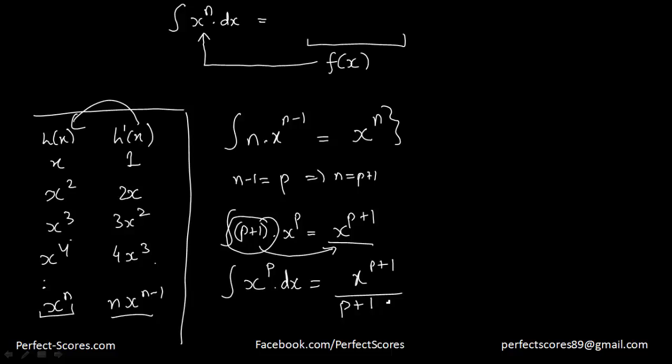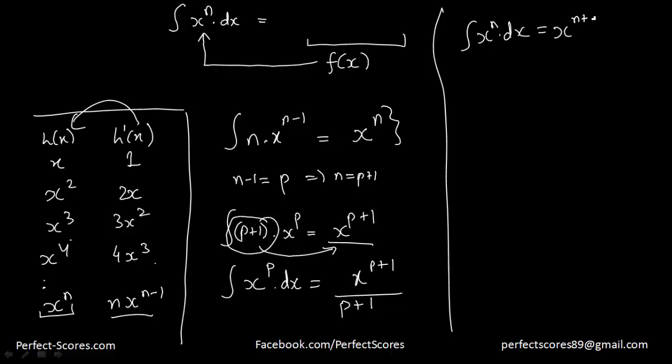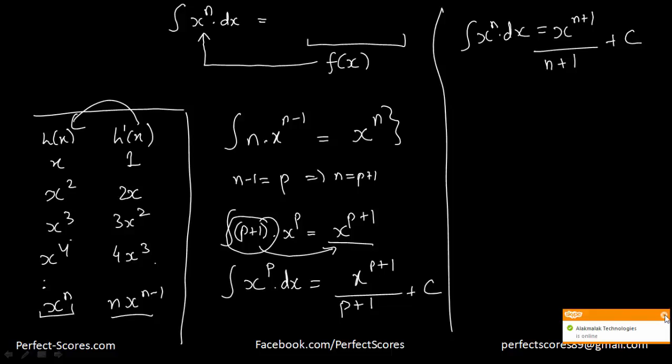So the antiderivative of x to the power n dx is equal to x to the power n plus 1 over n plus 1 plus a constant. Adding a constant is necessary. It's important because this is a possible antiderivative. This constant can take any value. Fine. So suppose you're understanding this point over here.